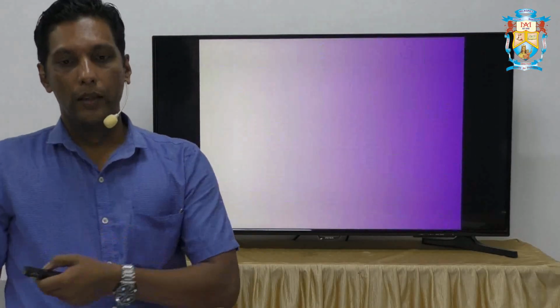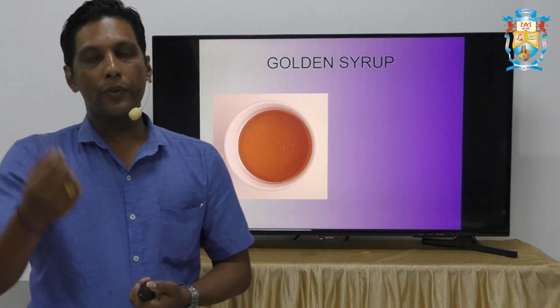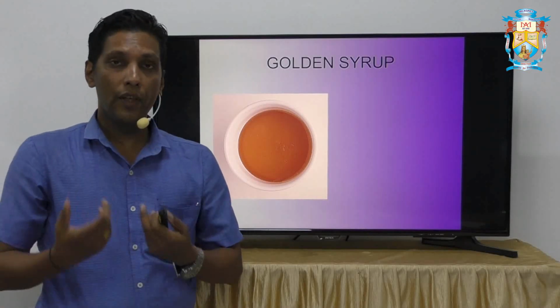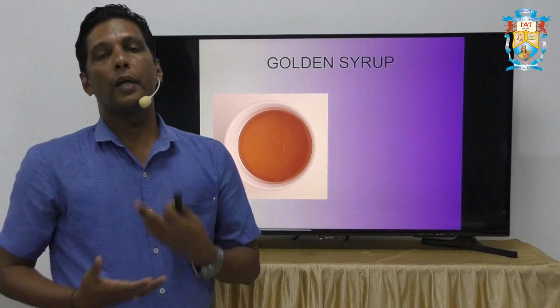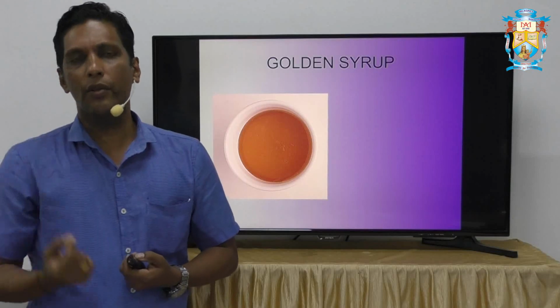Okay. The next one is the golden syrup. The alternative, if you don't have the solid crystal sugar, is syrups. Where is it used? In the preparation of cocktails and mocktails. Bartenders hardly use granulated sugar.